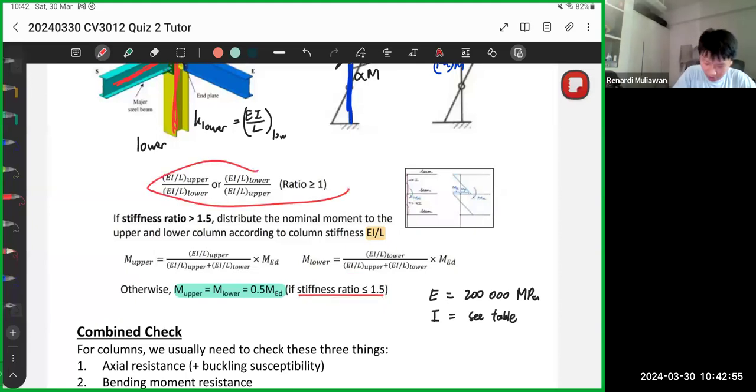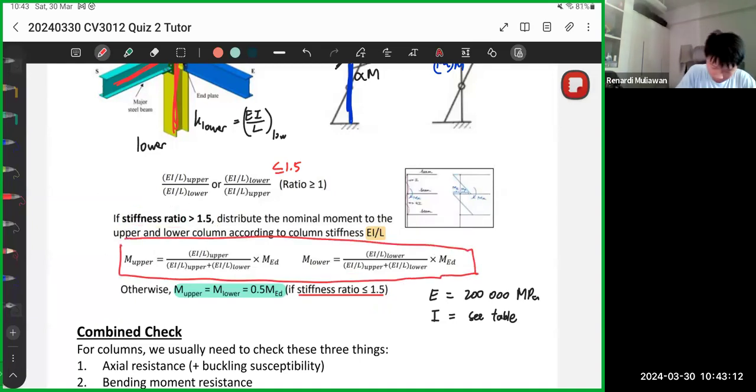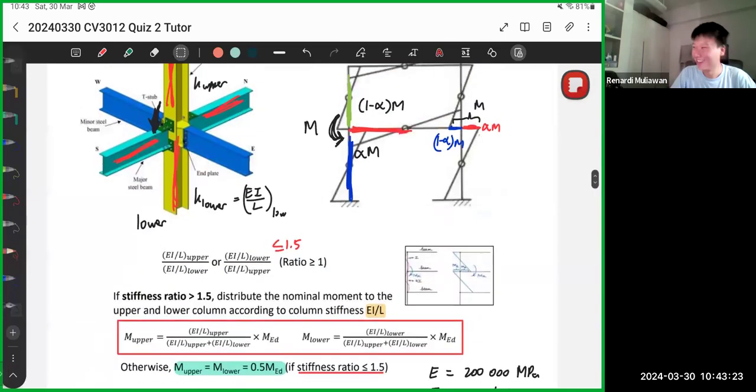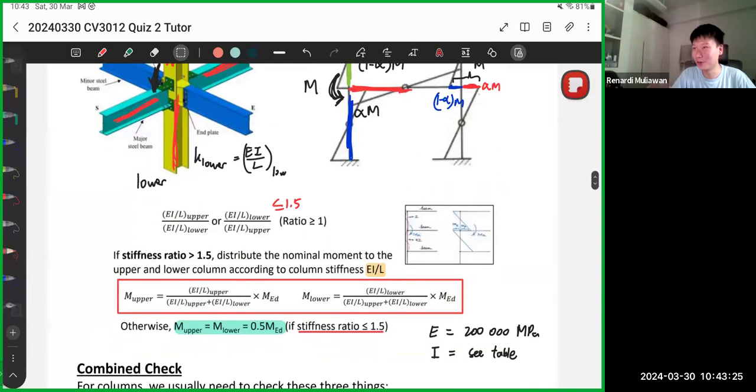If you take the ratio of this and this, it must be less than or equal to 1.5. If the stiffness ratio is greater than 1.5, then you must do the earlier method. It's quite easy, and you'll see later in the examples. Now let's go through the theory first.